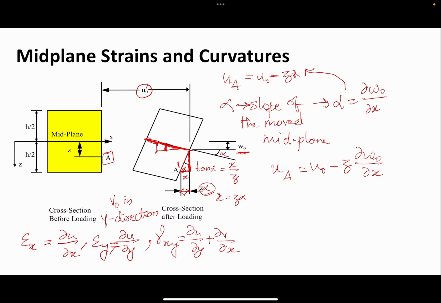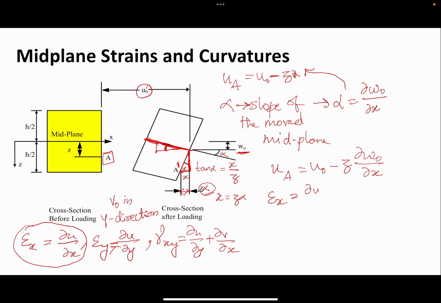If you substitute this equation into your strain equation, epsilon x equals dou u by dou x, then epsilon x equals dou of this whole thing, u naught minus z dou w naught by dou x, divided by dou x.